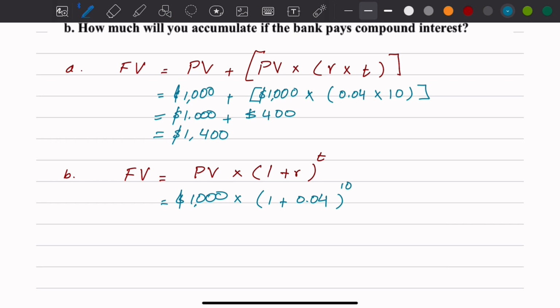Now let's use our calculators. 1,000 multiplied by, open a bracket, 1 plus 0.04, close the bracket, raise that to the power of 10. And that would be 1,480.24.